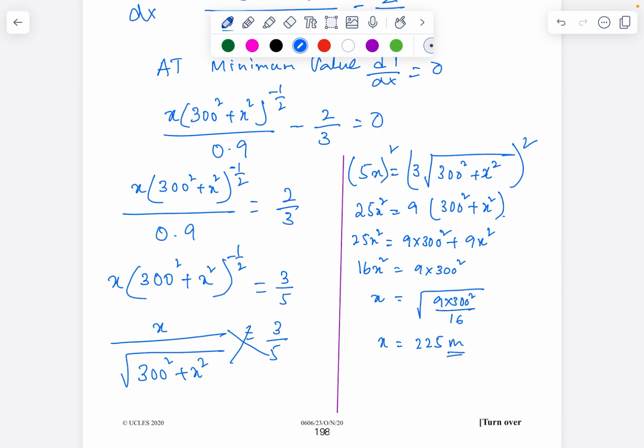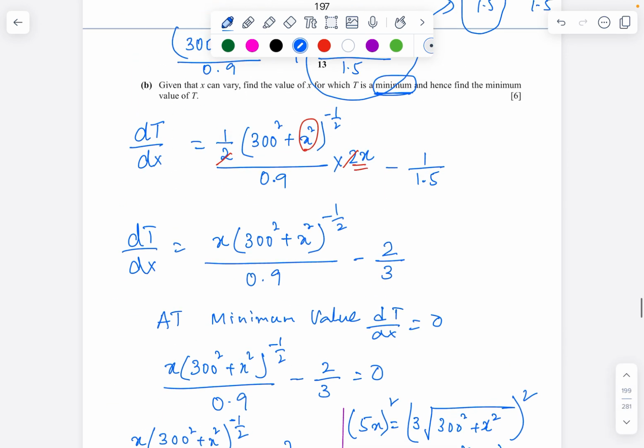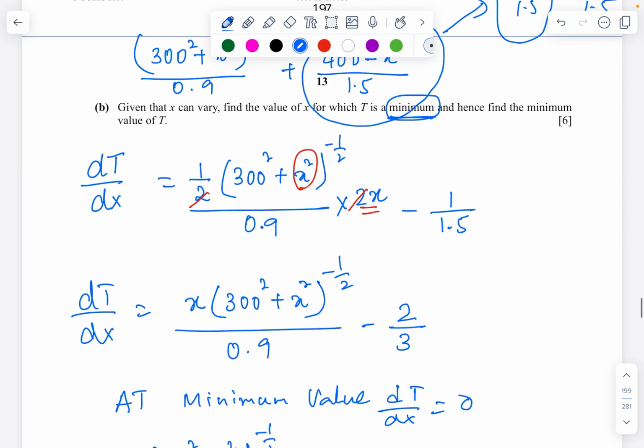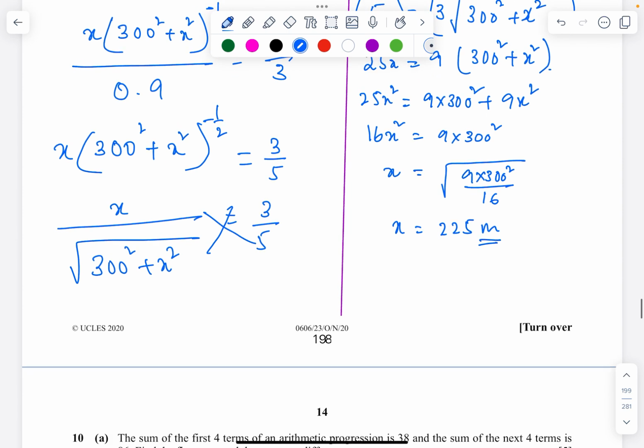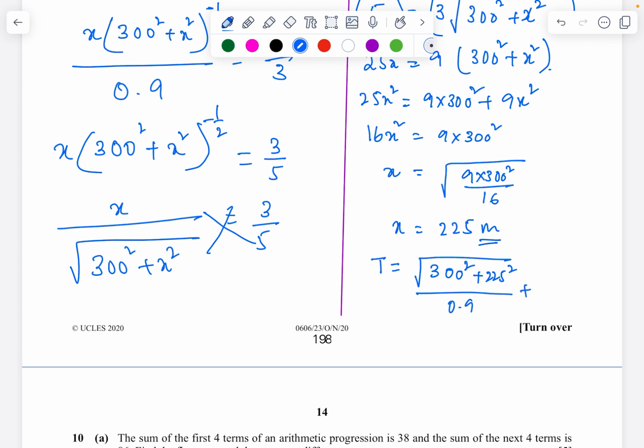Yeah. So if x equal to 225 meters, that is not our final answer. He's asking to find the value of t when the value is minimum. So substitute this x equal to 225 in the total time which we got in the beginning. So then our answer is going to be 0.9 plus 400 minus 125 over 1.5.